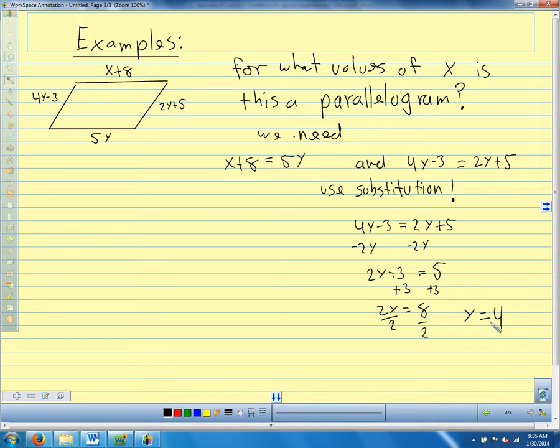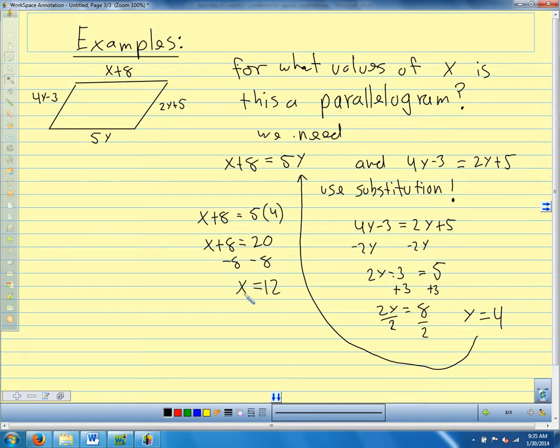And now we're going to take that y, substitute it right there. So I get x plus 8 equals 5 times 4. So x plus 8 equals 20. Subtract 8. And x equals 12.